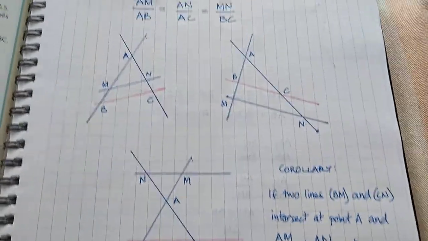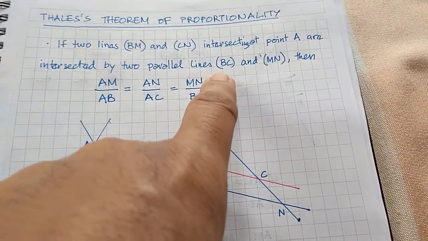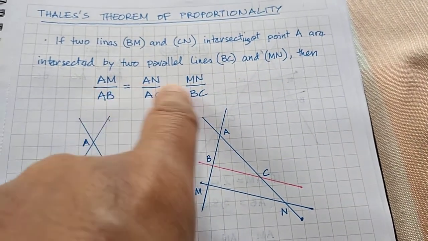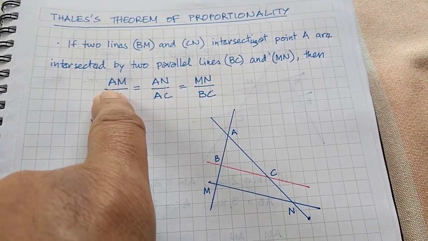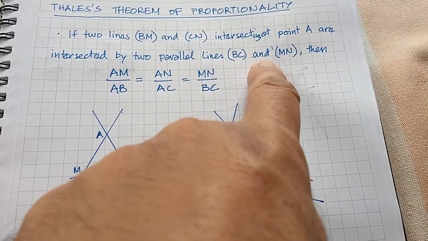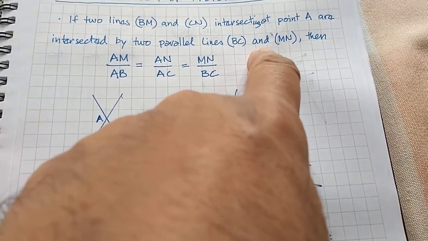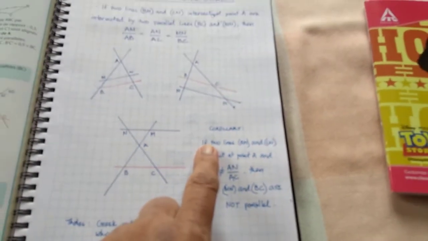So, not only if BC and MN are parallel is this true, but if you find in a drawing that this is not true, that means BC and MN cannot be parallel and are not parallel. That's what we say here in the corollary.